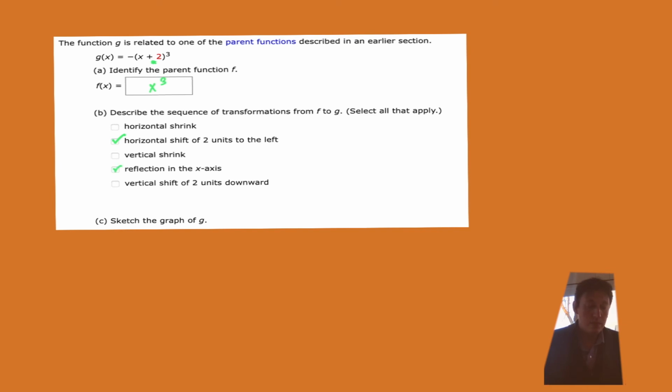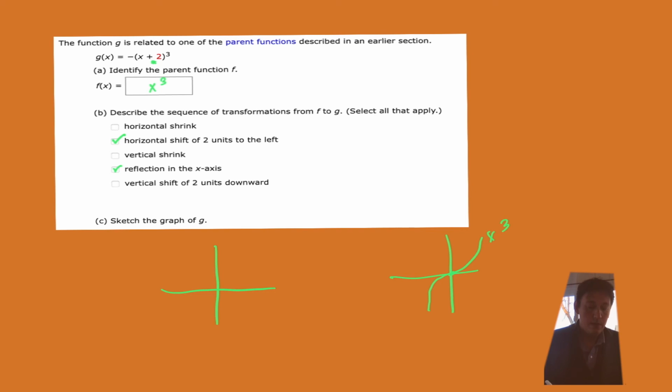All right, there is no horizontal shrink or vertical shrink. It doesn't move down. Moving downwards would mean that you would have a number on the outside. So to sketch this graph really quick, first you need to know what the parent function of x cubed looks like. And it looks like this. So I'm going to move it to the left 2.